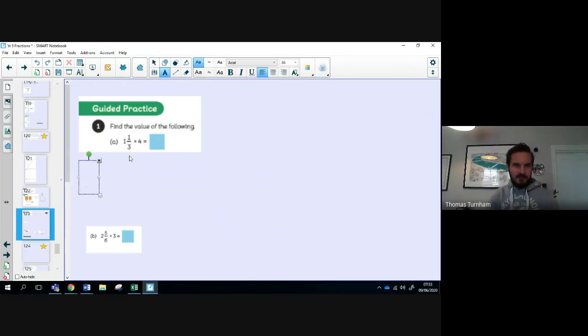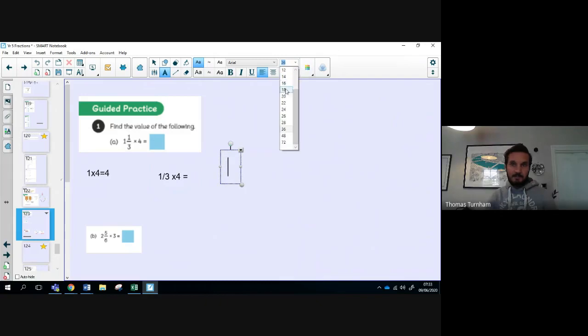Let's just write it over here just to be really clear. So I had 1 times 4 equals 4. And then here I had 1/3 times 4. The way I've done that one is simply by saying I've got the numerator 1 times 4 is 4, so I'm then doing 4/3.